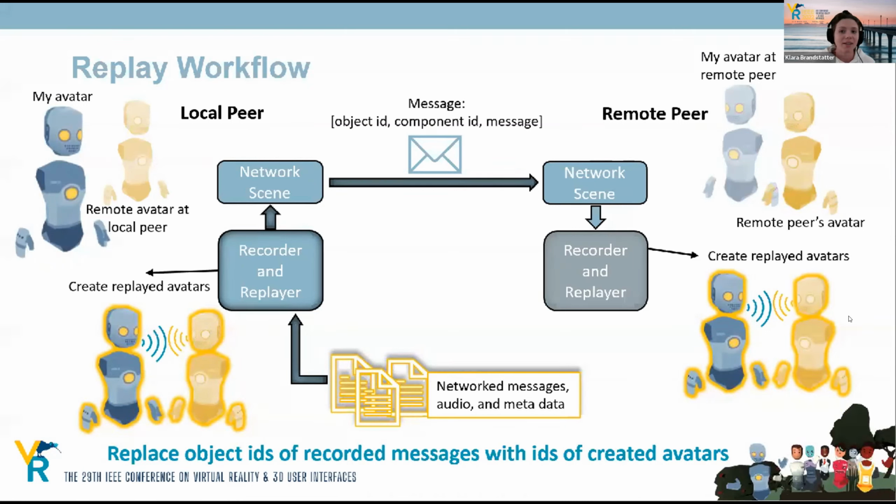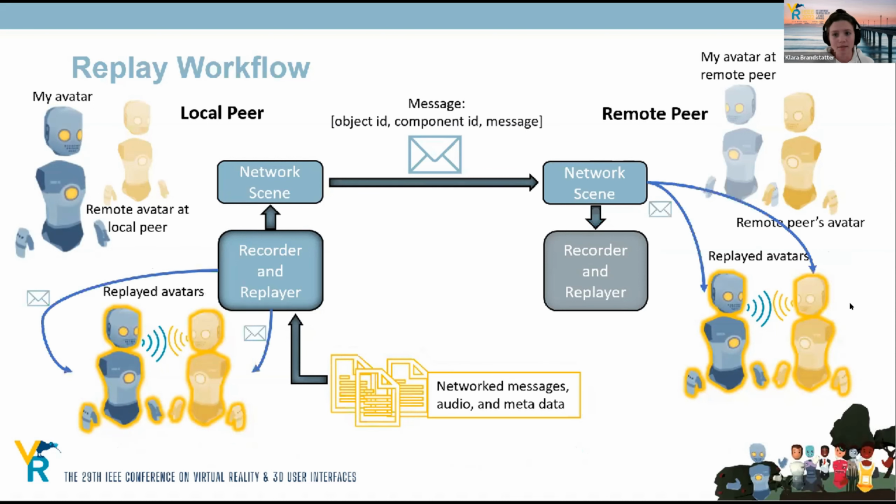Initially, the messages were saved with the object IDs of my avatar and my remote peer's avatar, so the recorded messages would be sent to our avatars. But to let the newly created avatars receive these messages, we just have to replace the object IDs of the messages with the new object IDs of our newly created avatars. And then the messages just go to them.